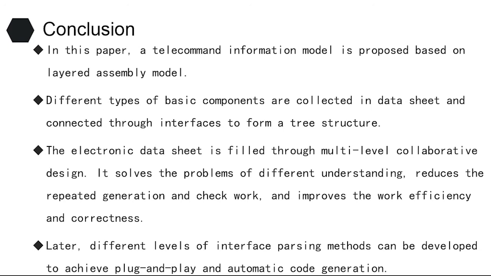The electronic datasheet is filled through multi-level collaborative design. It solves the problems of different understanding, reduces the repeated generation and check work, and improves the work efficiency and correctness.